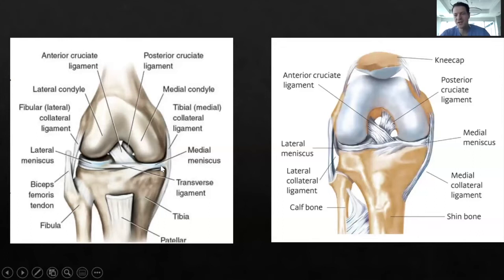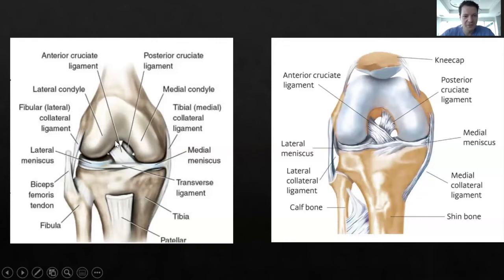So when people come in and they say, I have a meniscal tear in the setting of really advanced arthritis, the meniscal tear is really a secondary process because of the arthritis. And so fixing that meniscal tear doesn't often lead to a lot of relief because you're not getting to the main problem.